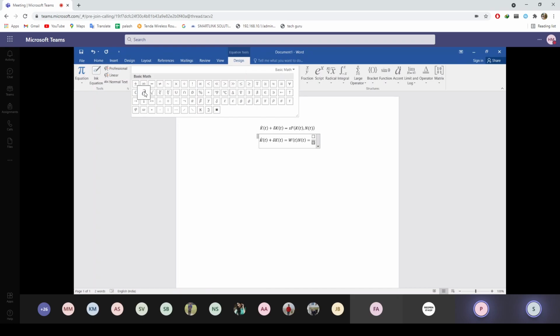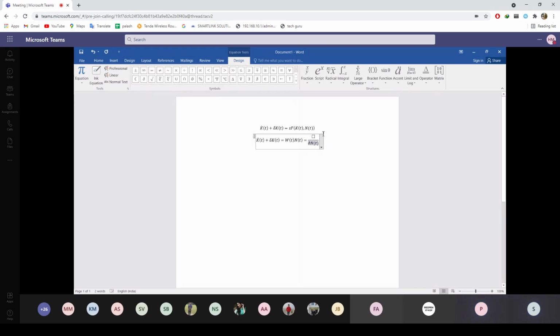In the denominator you get del N(t), and in the numerator you get del of f of K(t)/N(t), multiplied by N(t). That's basically your savings. This is the fundamental equation.